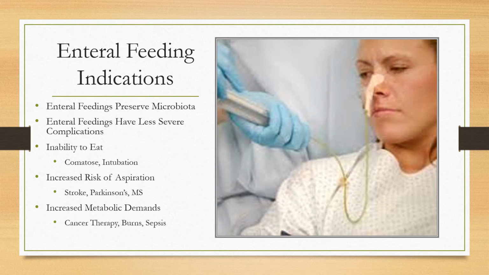Okay. Someone with sepsis, which is typically a bacterial infection causing systemic inflammation throughout the body, abnormal vital signs, they're really sick. They're typically in the ICU getting IV antibiotics, and they may need a short-term feeding tube, so a nasogastric tube.